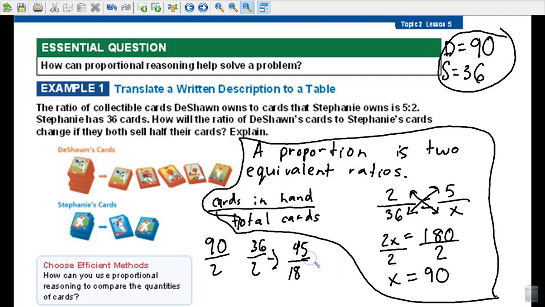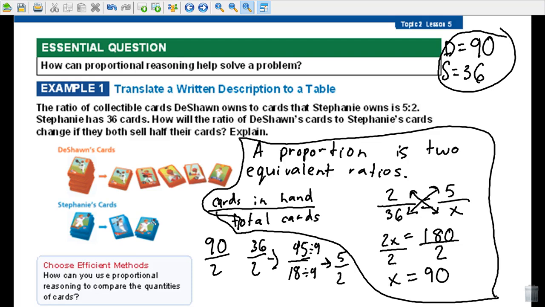When I simplify this, I have to find my GCF, and the GCF of these would be 9. So I divide them both by 9, and that will give me the ratio of 5 to 2. The ratio does not change because they both sell half of their cards. So I will change it with a constant of proportionality of dividing by 2 or multiplying by 1/2. So as long as I'm doing the same thing to both of them, and it's proportional, there's proportional reasoning, the ratio will remain the same.